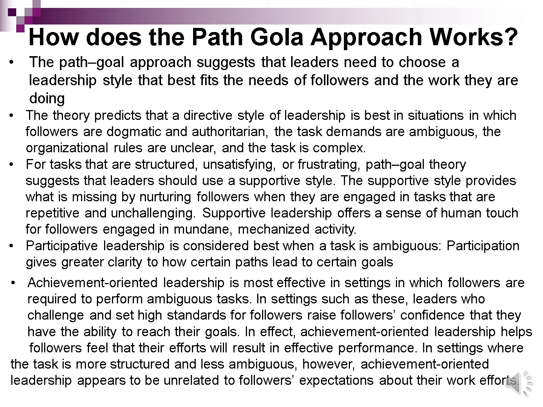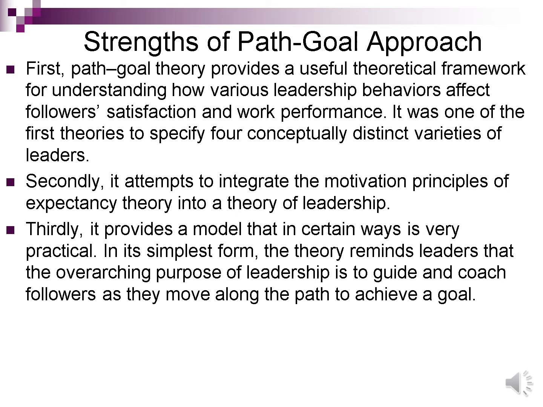So, under the four task characteristics, the leadership styles have been given in this theory, and the effectiveness of these styles would definitely depend on the nature and characteristics of the followers also. Now, the biggest strength of this theory is that it has given us a clear theoretical framework of how the various leadership behaviors and styles affect follower satisfaction and work performance.